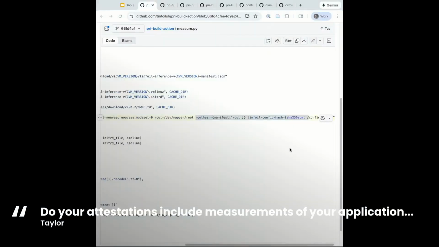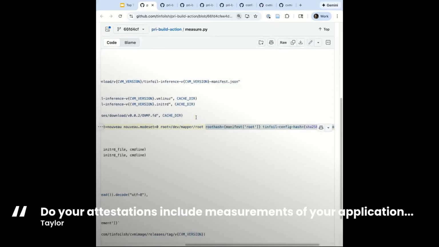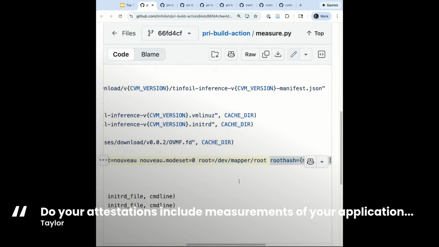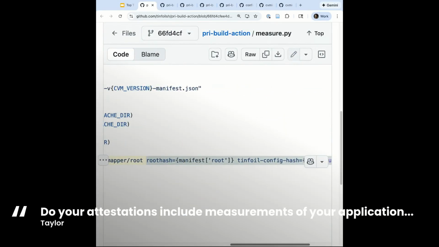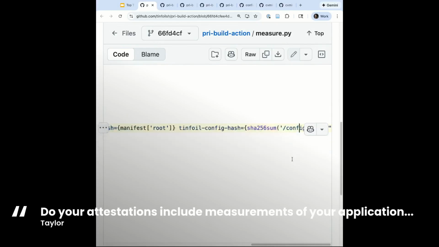The way we do it currently is to put things inside of the command line. So you have the Tinfoil config that contains the application measurements that is hashed and put inside of the, so this is the root hash, that's for the disk. But if you keep going further, yeah, exactly. Tinfoil config hash, this is actually our application-level measurements, so at least the beginning of the binding to that.